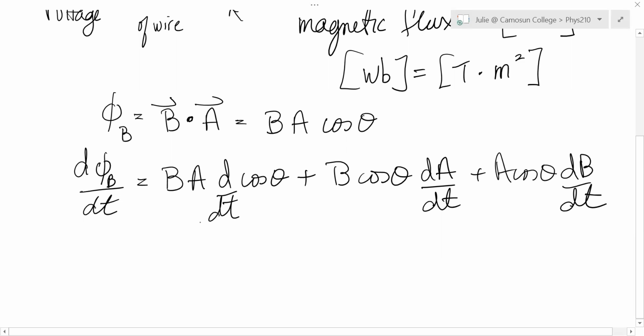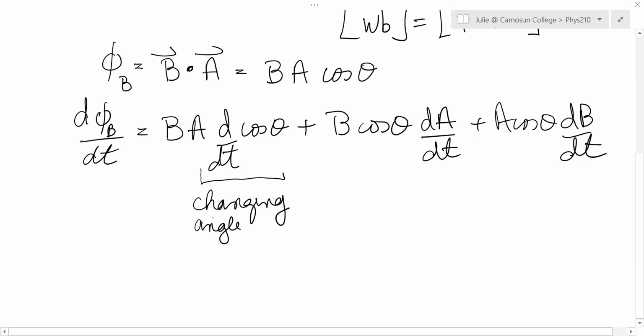So what does this mean? This means if you have a changing angle between the area vector of the loop in which you're inducing a voltage, and you keep the area constant, this would basically be rotating. So changing angle, this is a rotating coil.